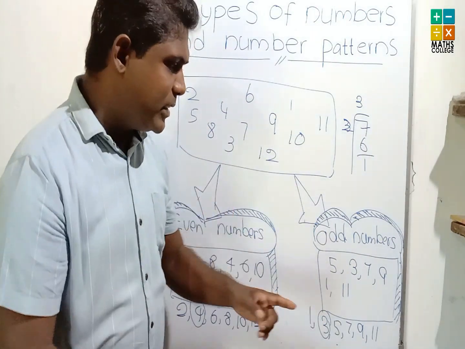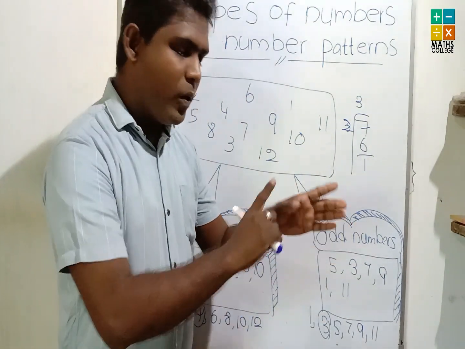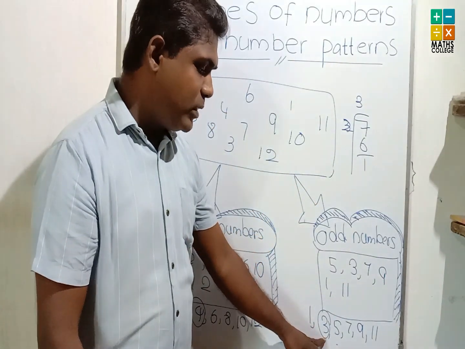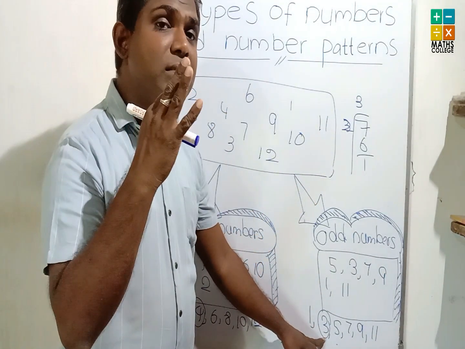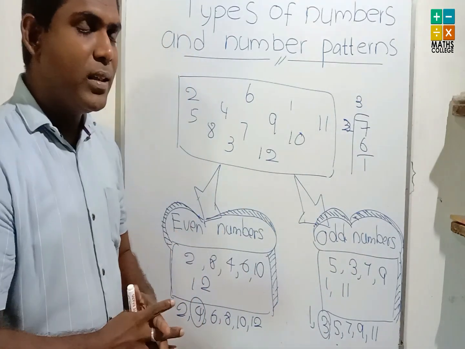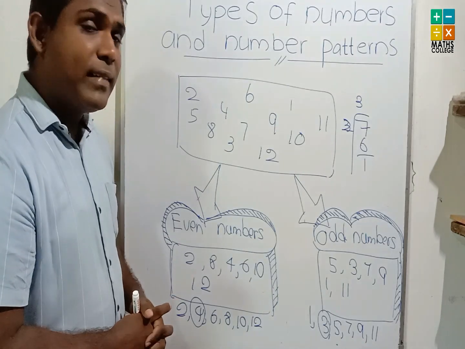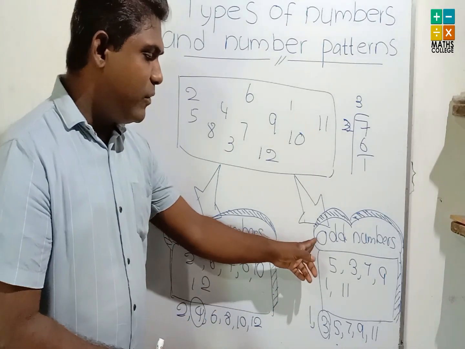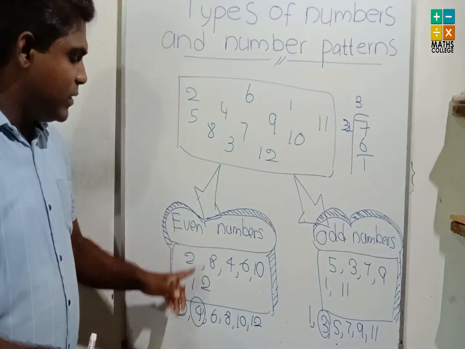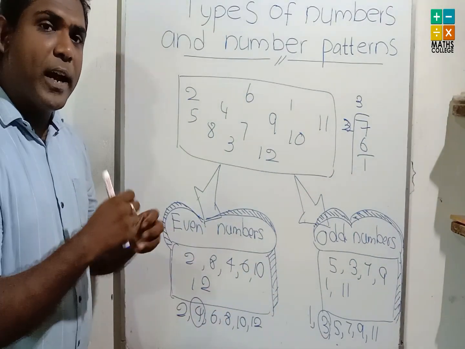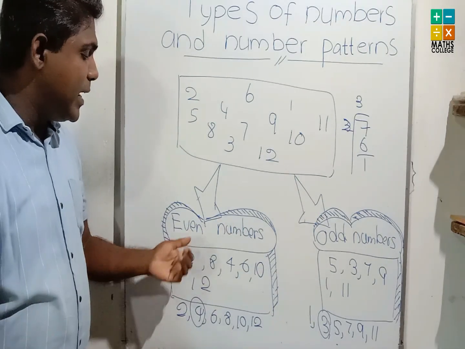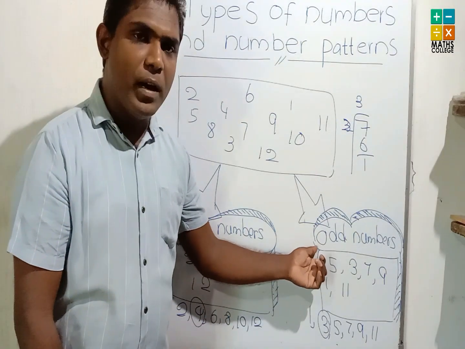Another special feature: 1, 2, 3. O-D-D, 3 letters. The second odd number also has the value 3. I think you identify the characteristics of these words and numbers. You can keep this in mind to identify even numbers and odd numbers.